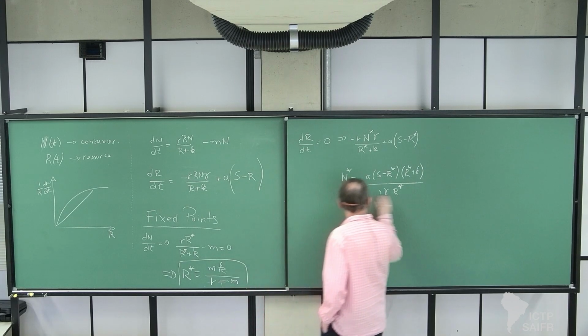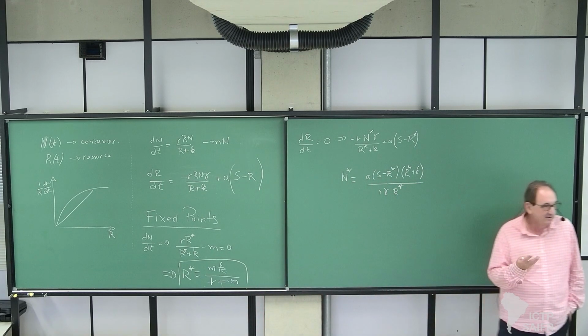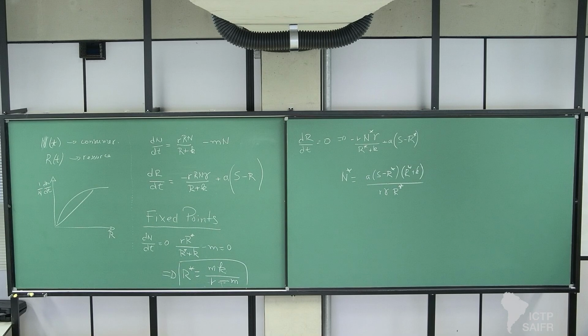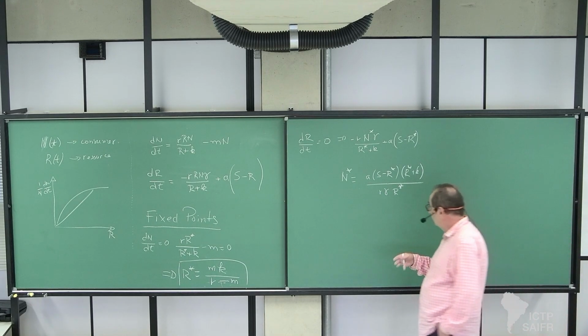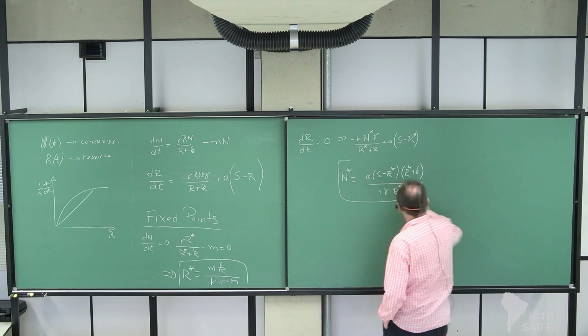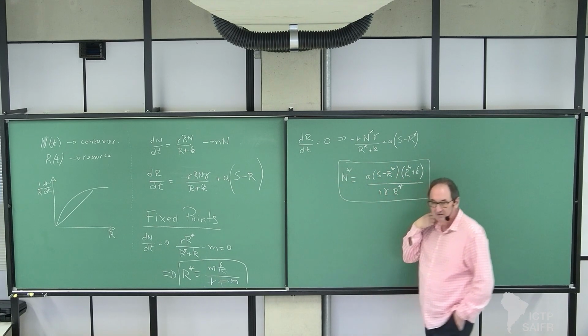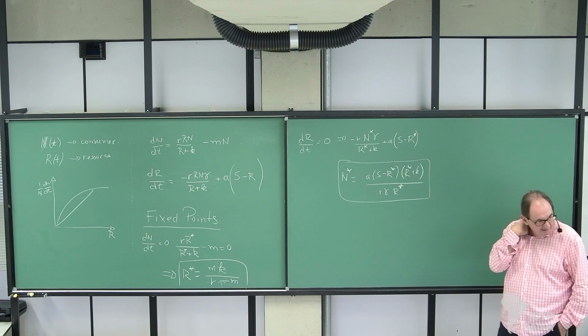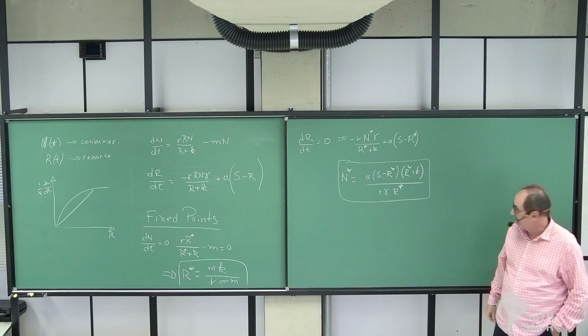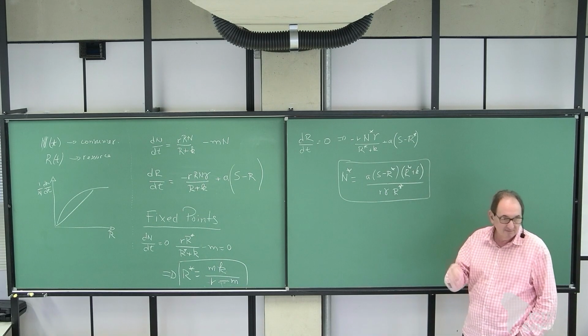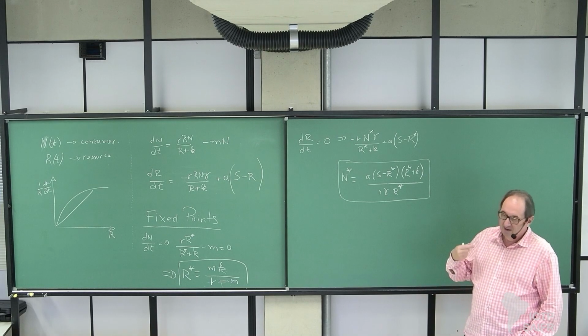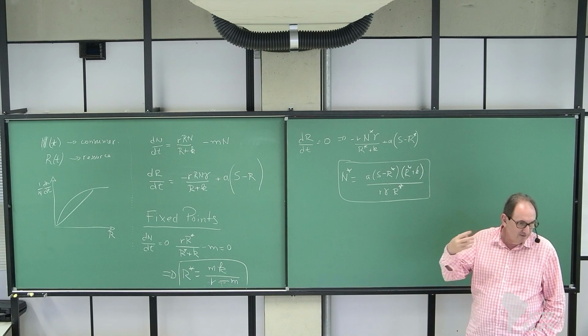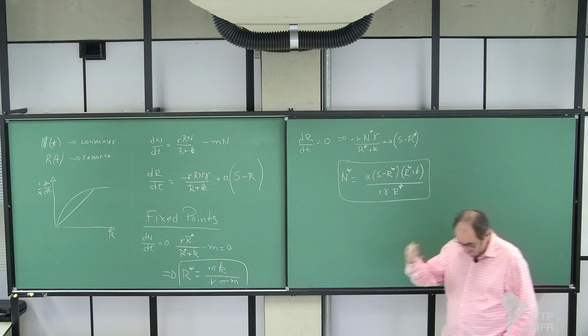So this is what we call a mechanistic derivation of the carrying capacity. I modeled the system with the resource, and I obtain a value for n at equilibrium, and can show that this is an attracting stable fixed point. I don't want to do the stability analysis again, it's a little bit cumbersome to do every time.